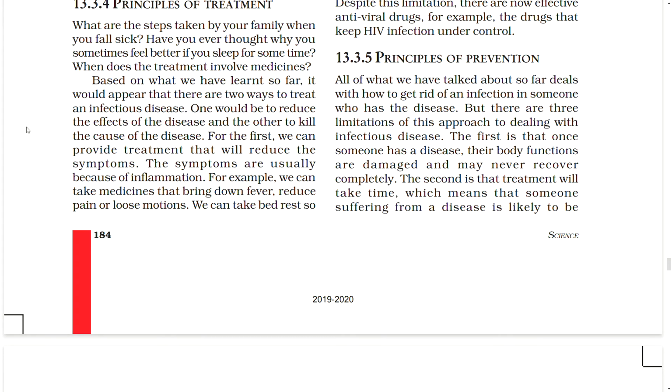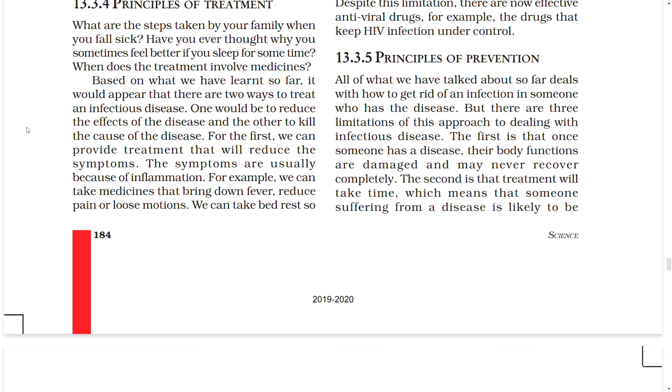13.3.5 Principles of Prevention. All of what we have talked about so far deals with how to get rid of an infection in someone who has the disease. But there are three limitations of these approaches to dealing with infectious disease. The first is that once someone has a disease, their body functions are damaged and may never recover completely.